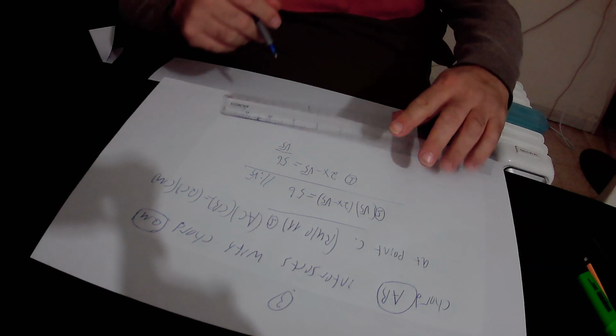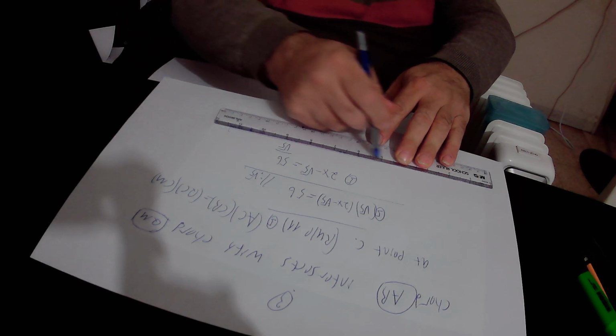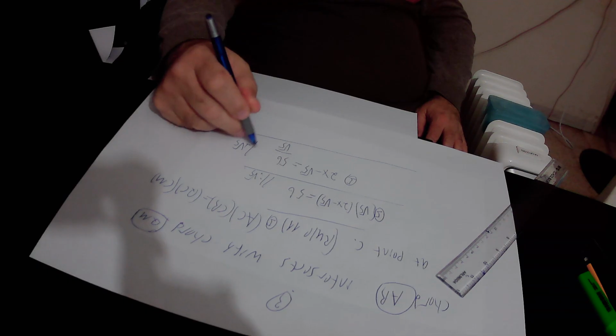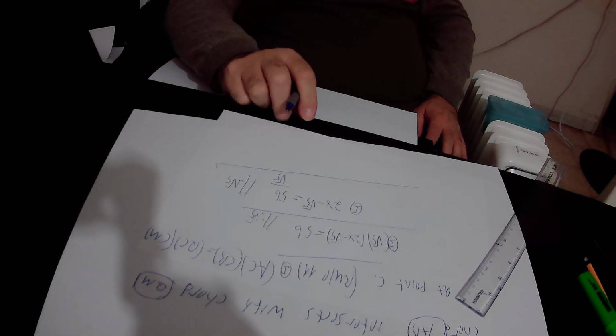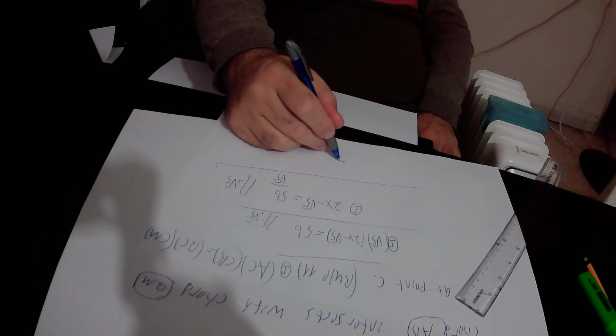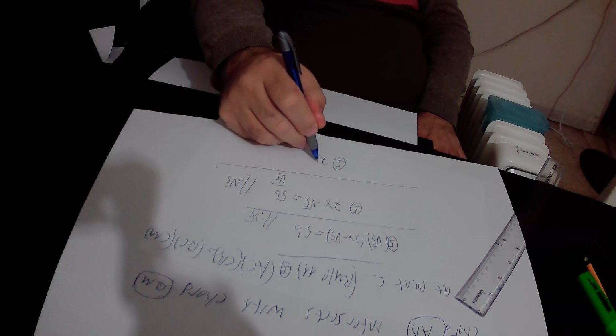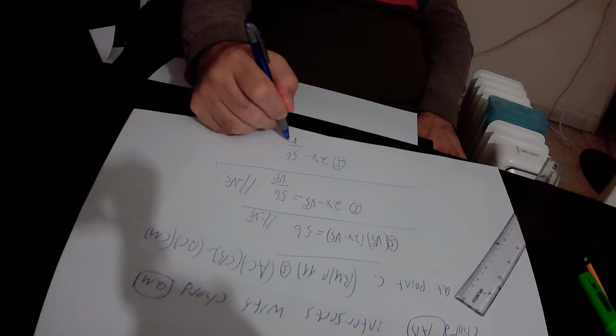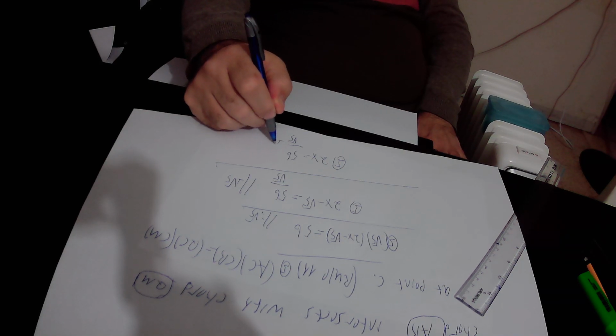Okay. So here we add square root of 5 to this equation, and we get that 2x equals 5b over square root of 5 plus square root of 5.